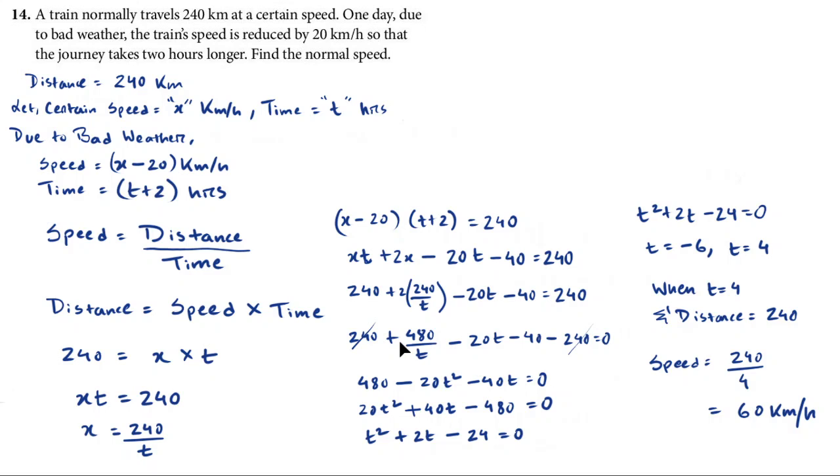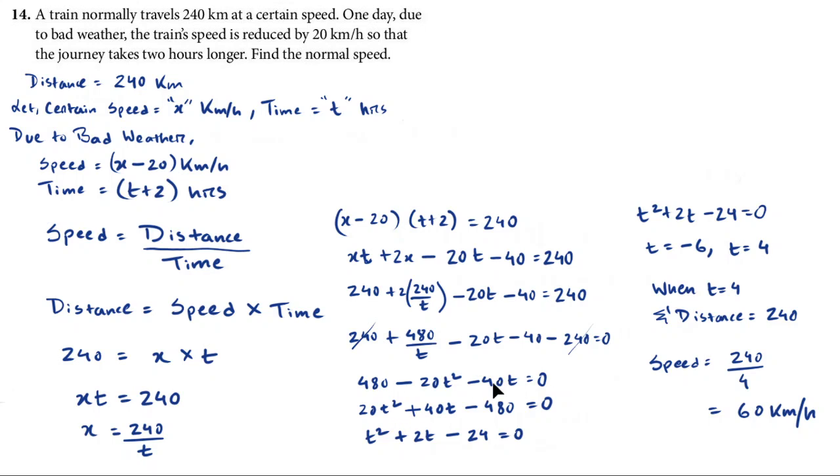If I multiply both sides of the equation by t, then I get 480 minus 20t square minus 40t is equal to 0.